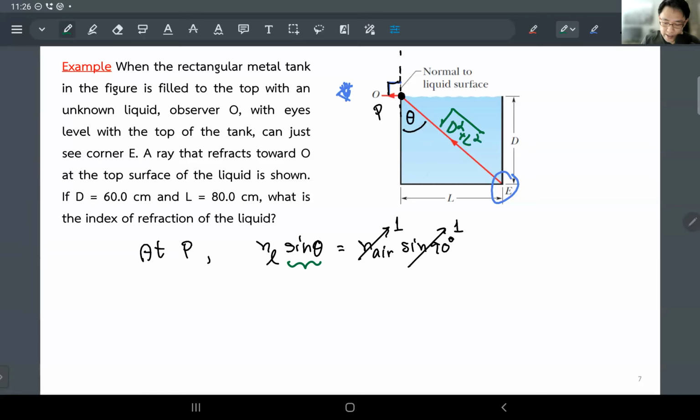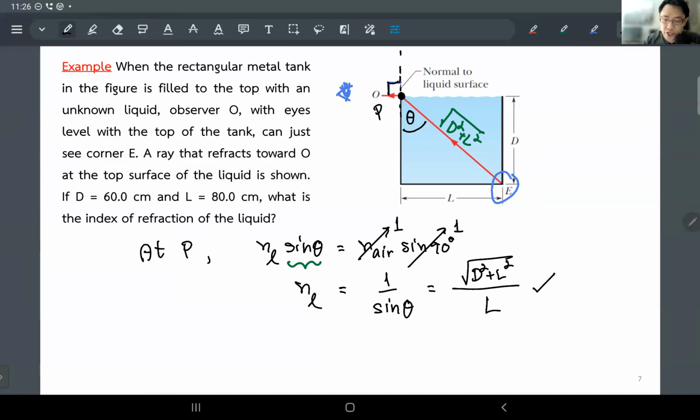So over here, I can answer you there. n of the liquid is going to be 1 over sine theta. And the sine theta is just the opposite over hypotenuse there. I just move the hypotenuse up top and the opposite is down here and you are done. Okay. Cool. That's very easy.